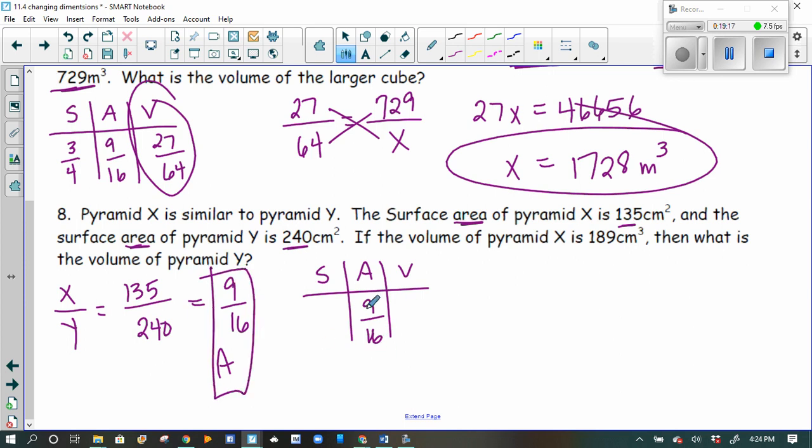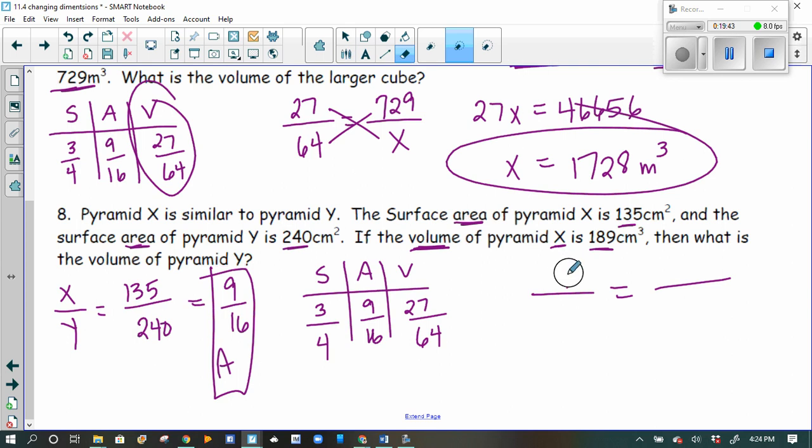Okay, so to go backwards, take the square root, go forward, cube it, 27/64. All right, so now I can set up my proportion. It says if the volume of the pyramid X is 189, so we did X over Y. Okay, sorry, back up.